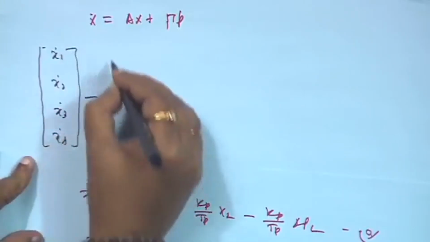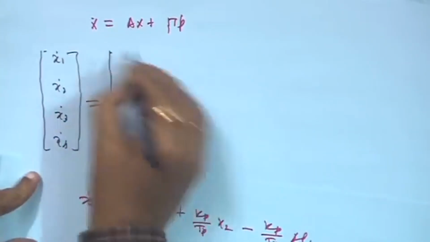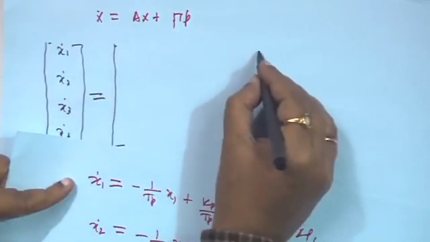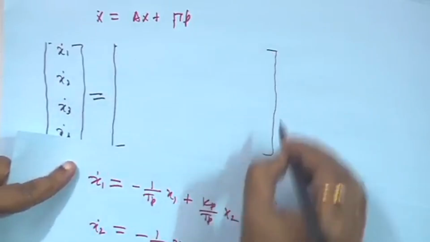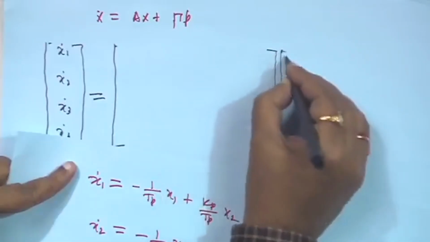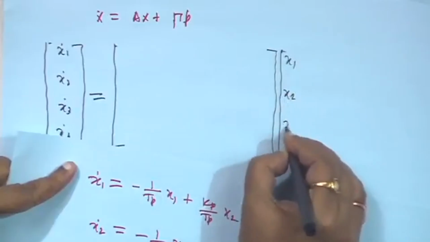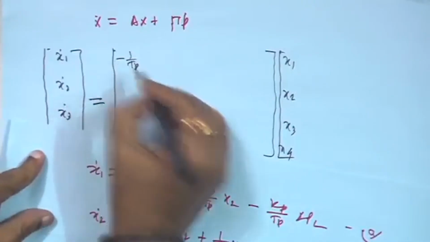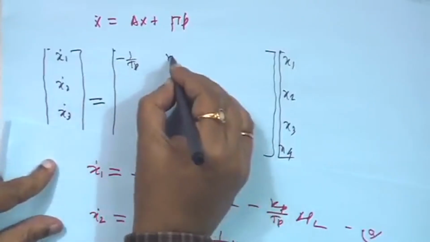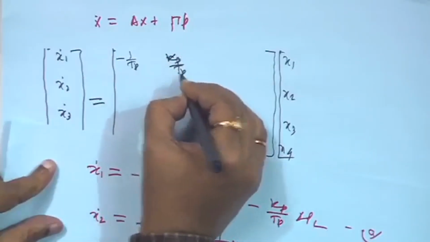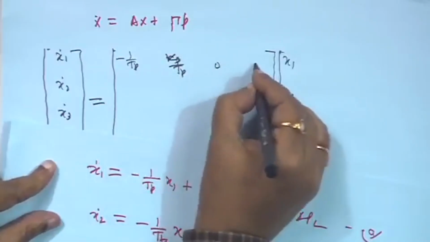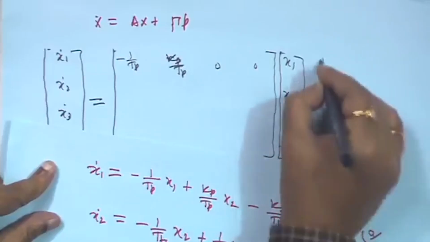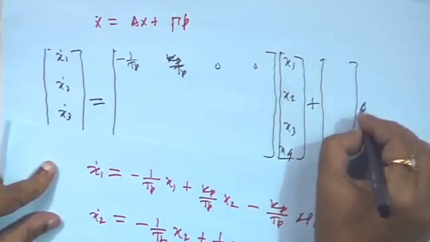This is equal to this matrix: first you make this one, x1, x2, x3, x4. So, minus 1 upon Tp x1, then Kp upon Tp x2, other things are not there, 0 0, then u is not there, gamma p is there, that is your delta PL.